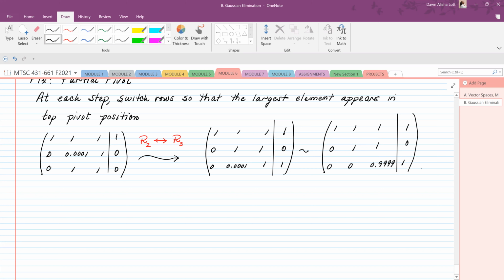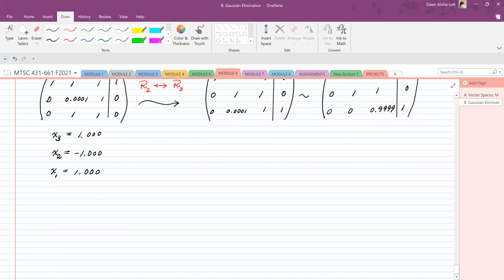And now I get x3 is 1, x2 turns out to be 1.000, this is minus 1.000, and x1 turns out to be 1.000. Okay, so how do we implement this?